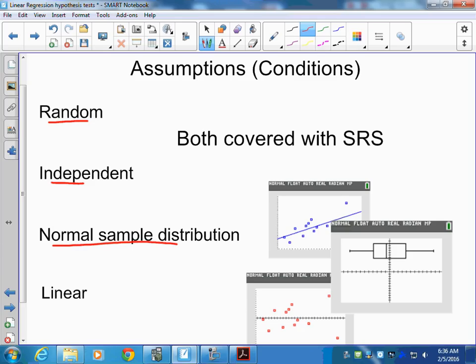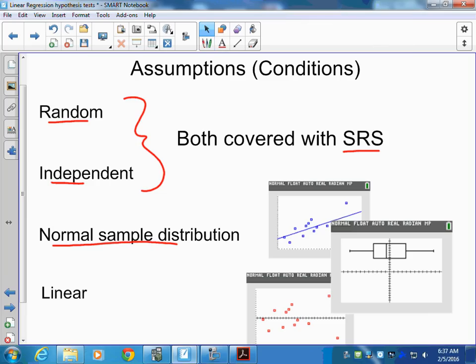For these purposes, both random and independent are covered by your simple random sample. If you're doing a simple random sample, we know it's random, and a randomly sampled point is independent of any other randomly sampled point.